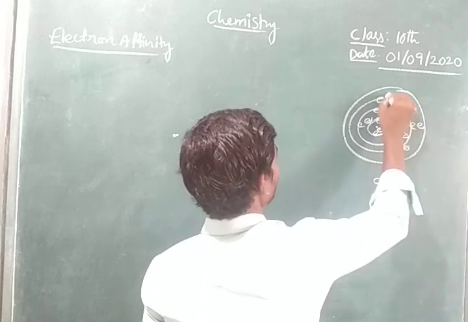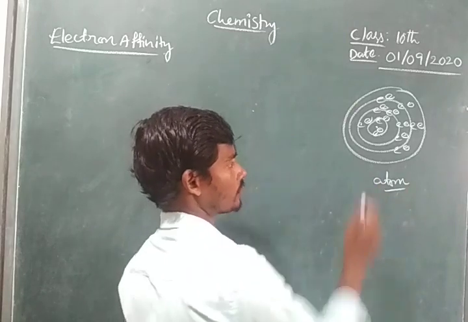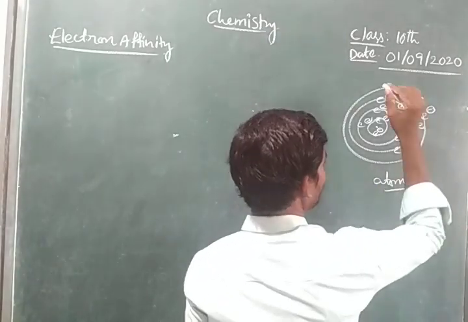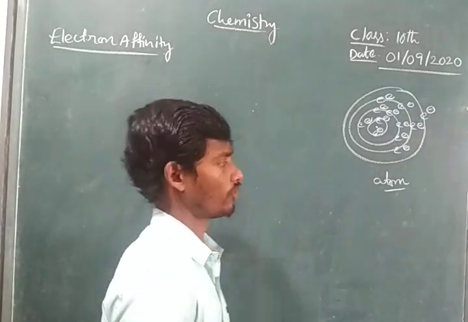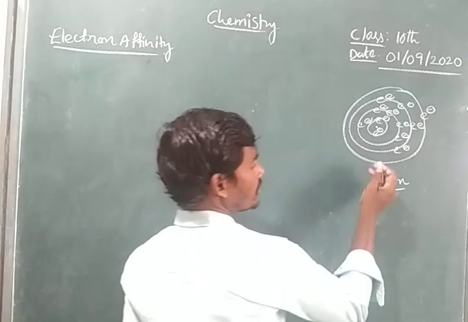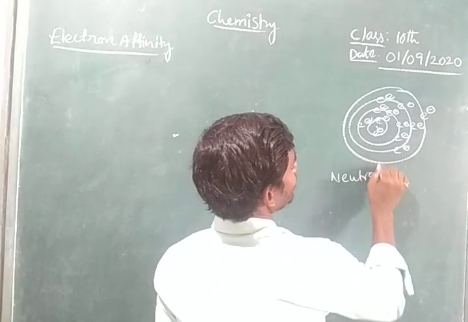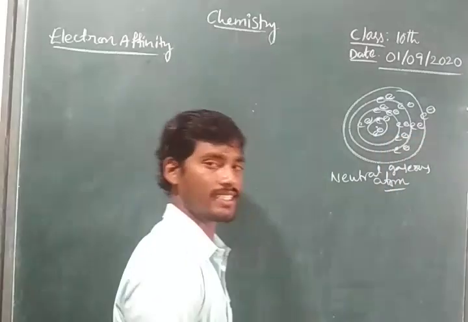These are the shells, we have to consider the inner shells, and these are the inner electrons. This is the valence shell, and those electrons we consider as valence electrons. Right children? Suppose we consider a neutral gaseous atom.